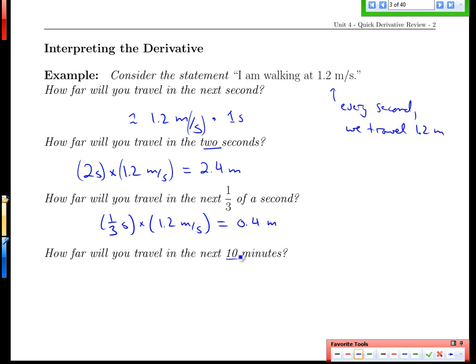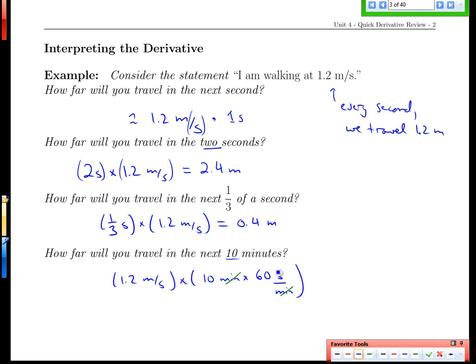Just for one last example here, if we walk for 10 minutes, well, we'd have 1.2 meters per second times how long is 10 minutes? Well, our rates are in seconds, so we'd have 10 minutes, and get the units right, there are 60 seconds per minute. That's a nice way to arrange the canceling of values.